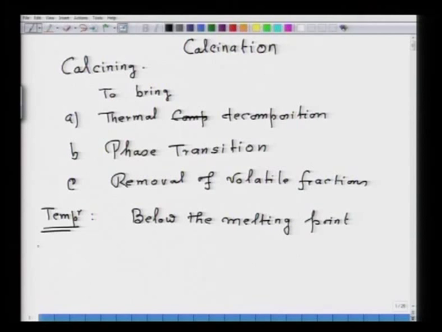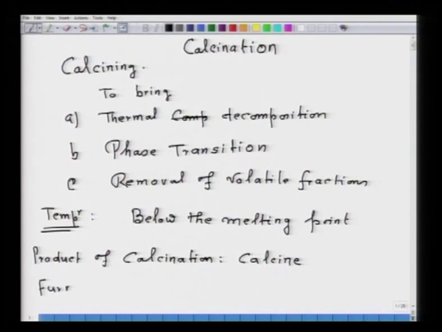The product of calcination is sometimes called calcin. Now, the furnaces which are used are called rotary kilns.